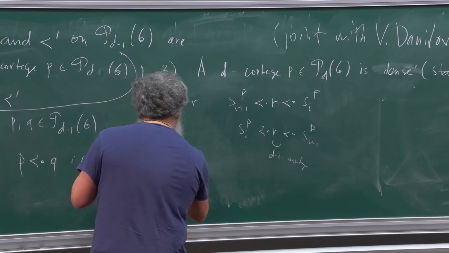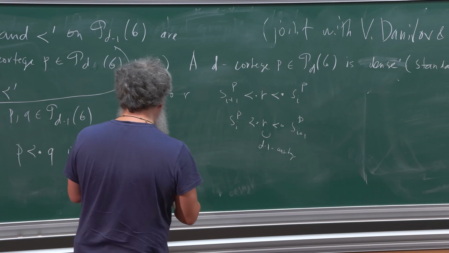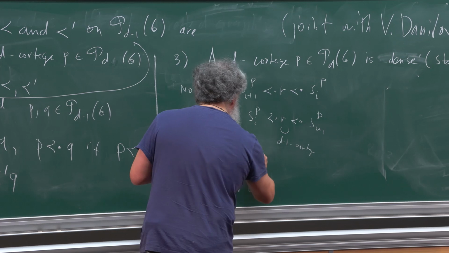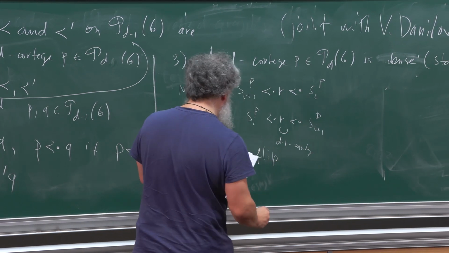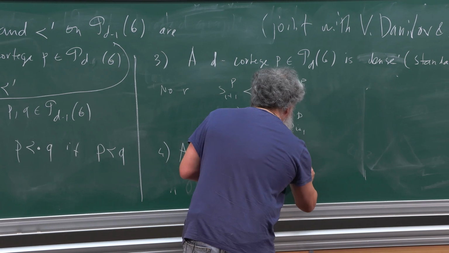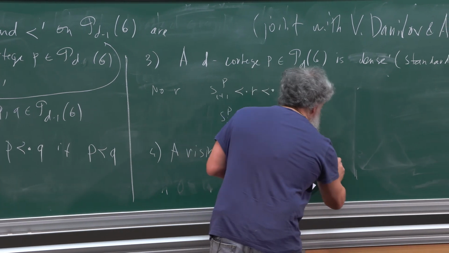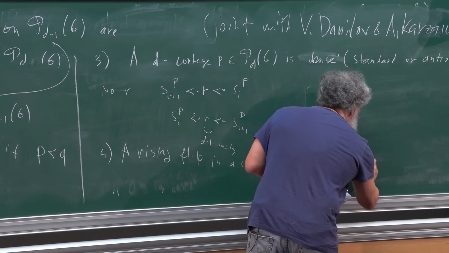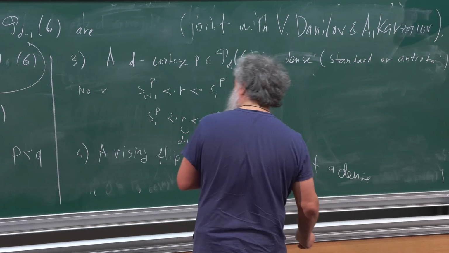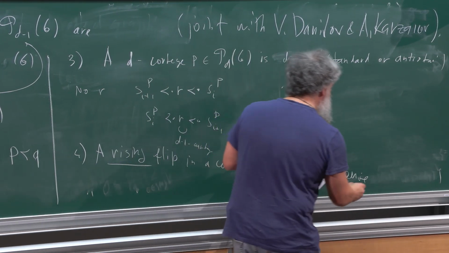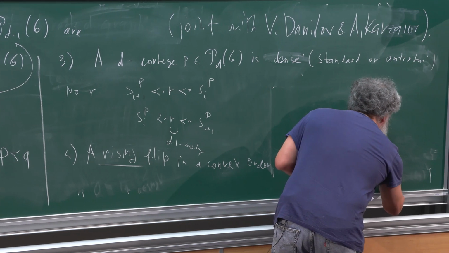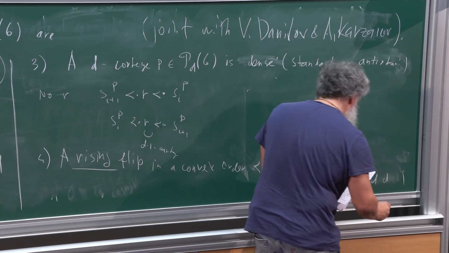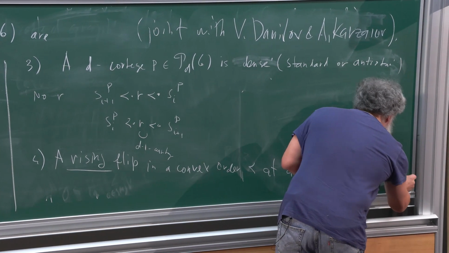So the fifth point of the definition: a rising flip in a convex order at a dense standard d-Cartège does the following.